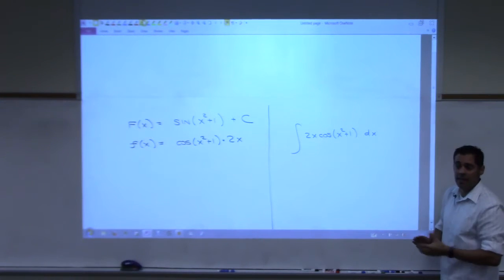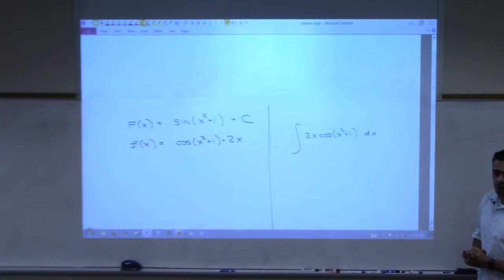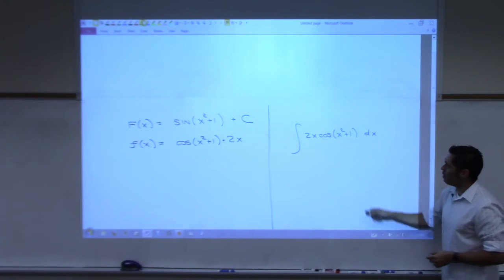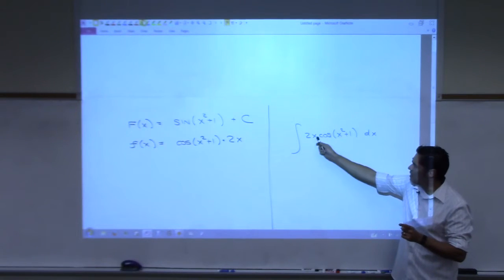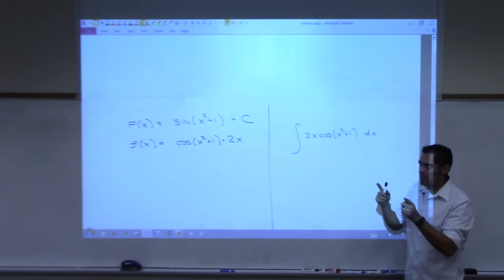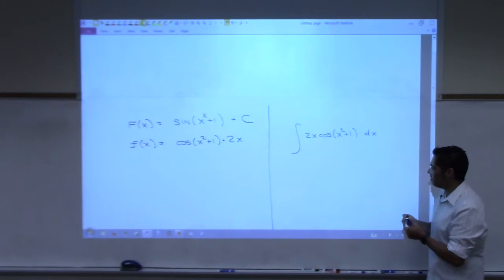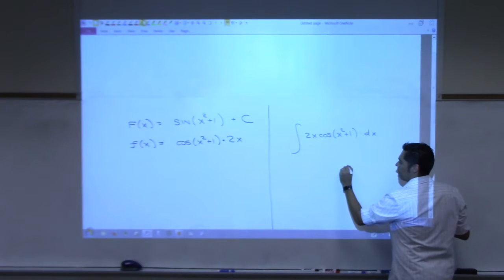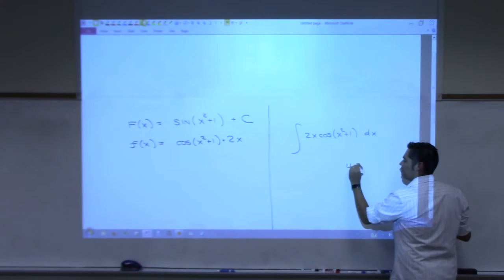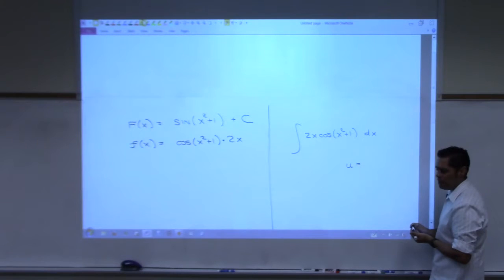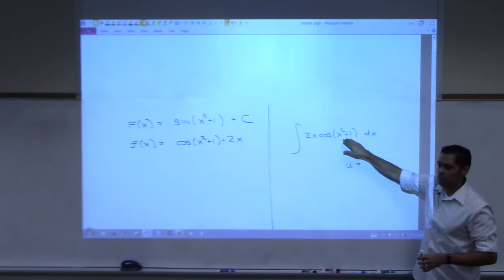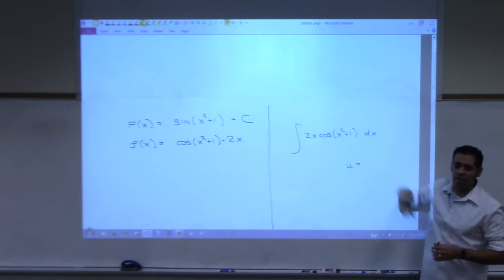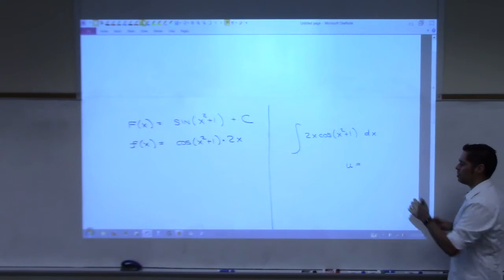What do you see? X squared plus 1. Its derivative is 2x, and it's right there. So I see something and its derivative. So what I'm going to do is I'm going to make a substitution. I'm going to let u, which is just the standard letter that we use, be that something. Not the derivative of it, just the something. So x squared plus 1.